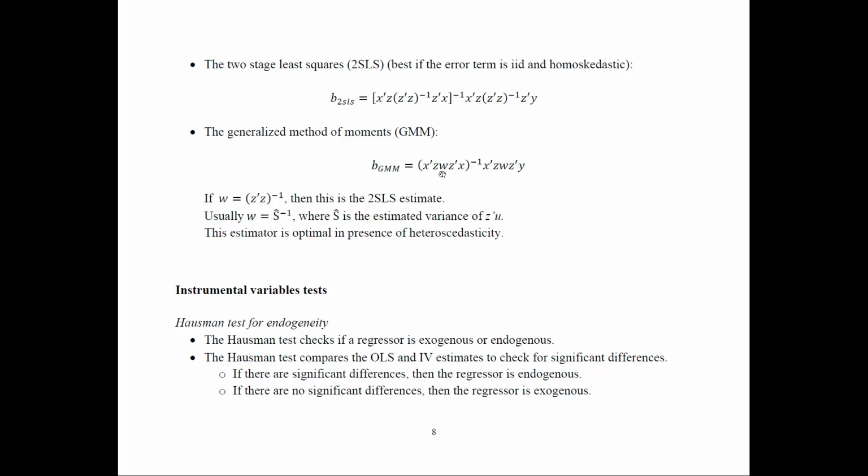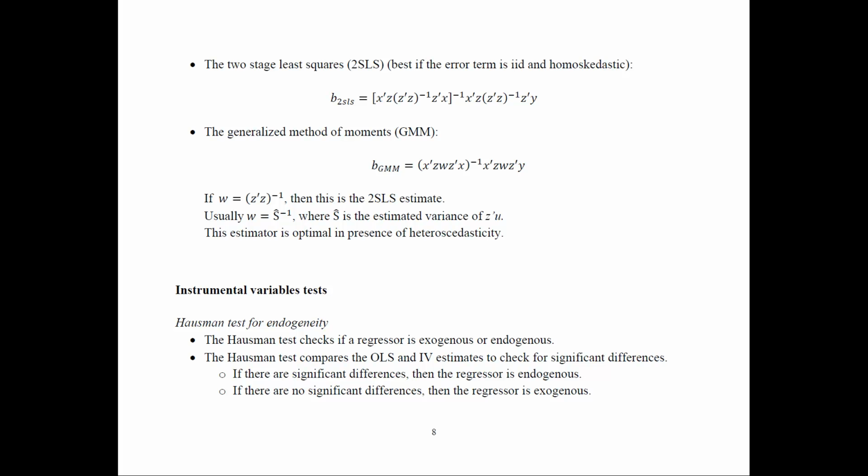But usually this weight matrix here would be S inverse hat, where S hat would be the estimated variance of Z prime U. And this estimator would be optimal in the presence of heteroscedasticity, so a lot of people use it.